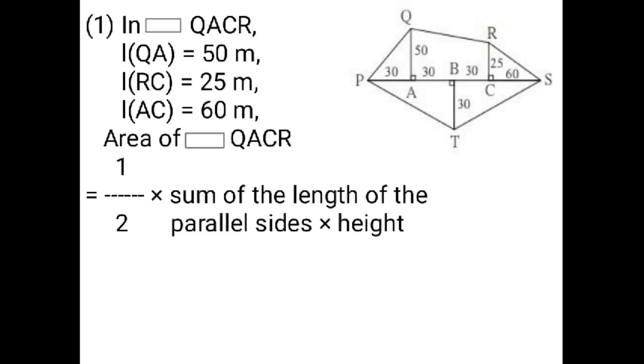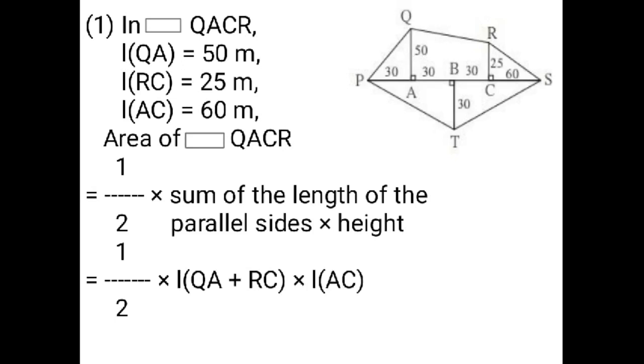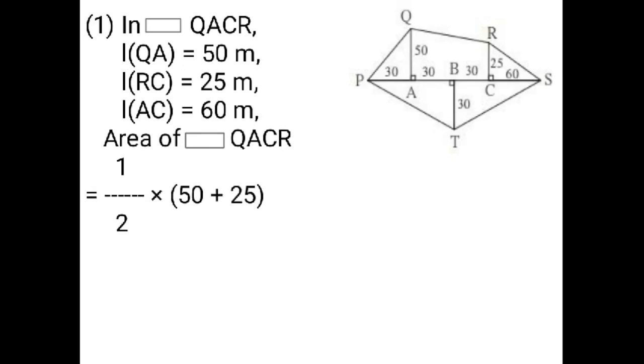You have to write addition form. That is equal to half into length of (QA plus RC) into length of AC. Next step, you have to substitute the value of length of QA, length of RC and length of AC. That is equal to half into (50 plus 25) into 60.